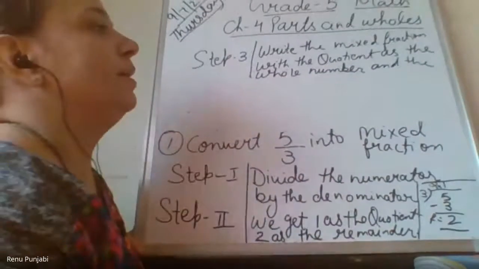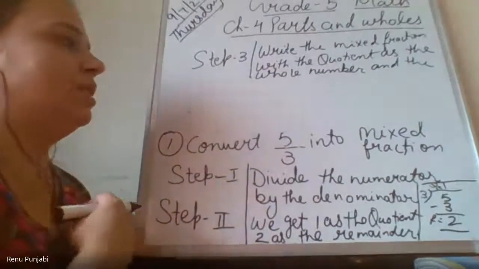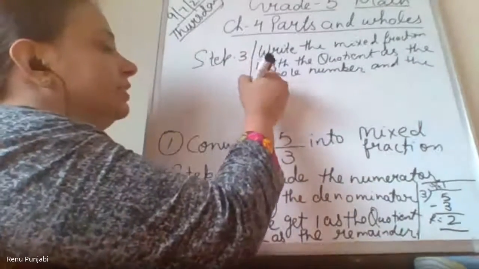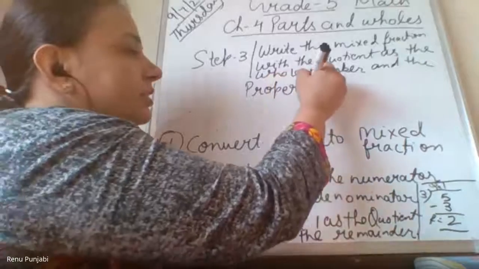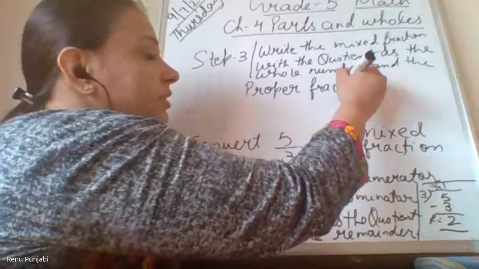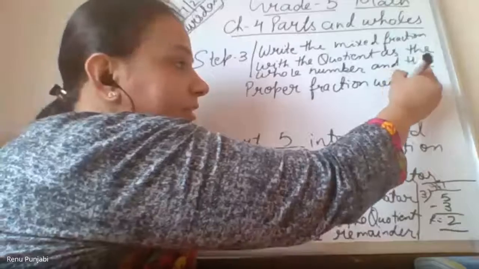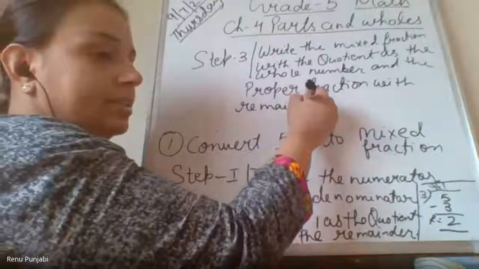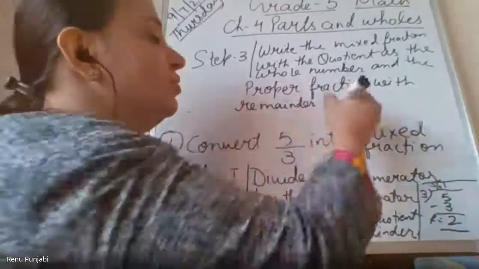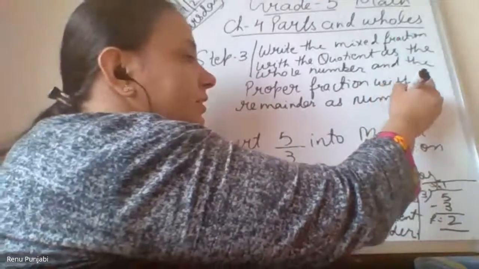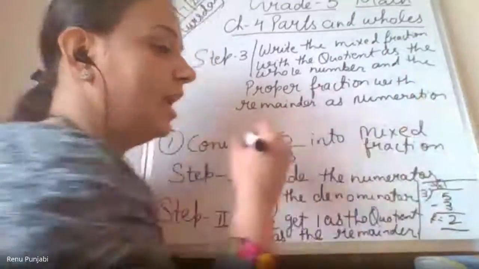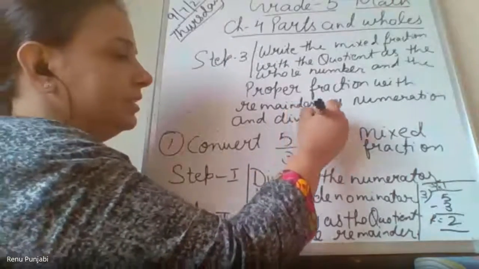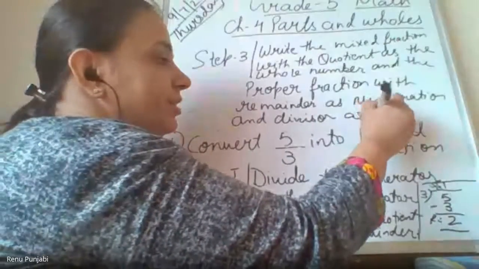In the third step, write the mixed fraction with the quotient as the whole number and the proper fraction with remainder as numerator and divisor as denominator.